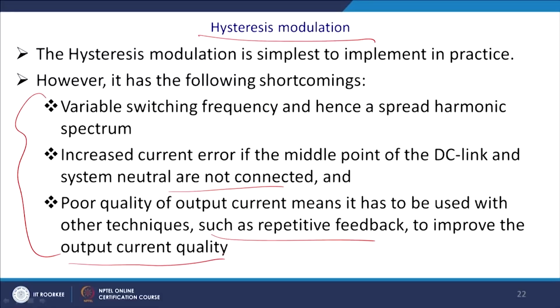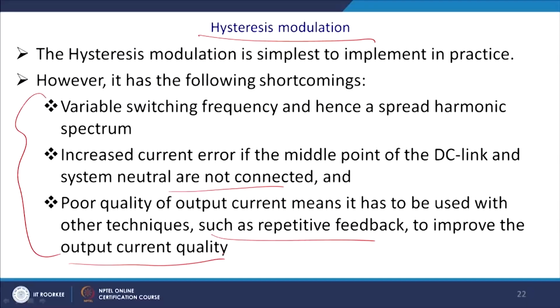Moreover, there is a design challenge since it has variable frequency operation. So, we are required to put in an inductor, as you have seen in the active rectifier, and designing the inductor becomes challenging, along with other issues.